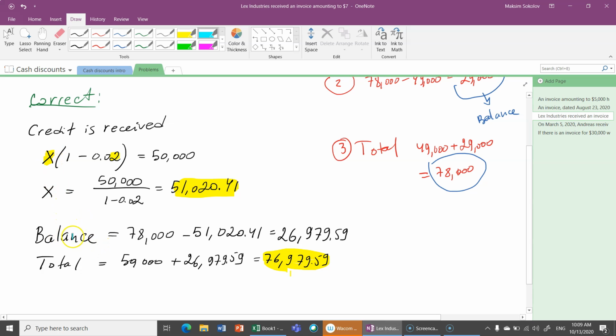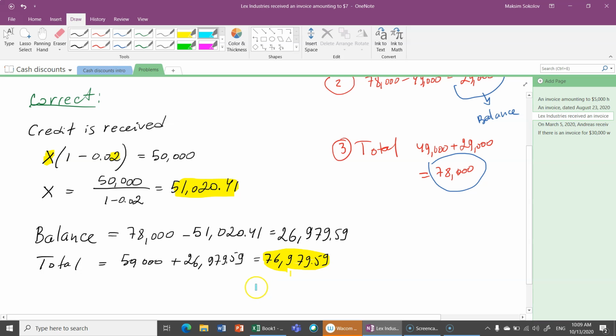And then we find balance, which is the total of the invoice from which we subtract the credit received. And that's the balance, which means that it's the amount of money remaining to be paid for the invoice. And because there is no more discount, because it's the net price now which needs to be paid, the company will have to pay this full 26,979.59 for that invoice, and therefore it results in the total paid for the invoice: $50,000, which is the initial payment, plus that balance.